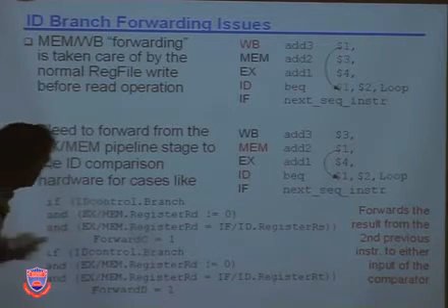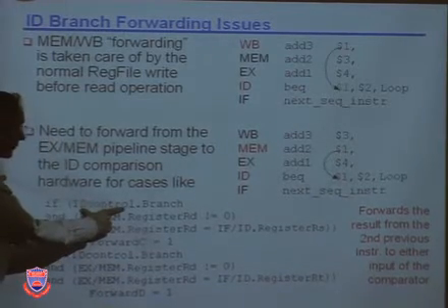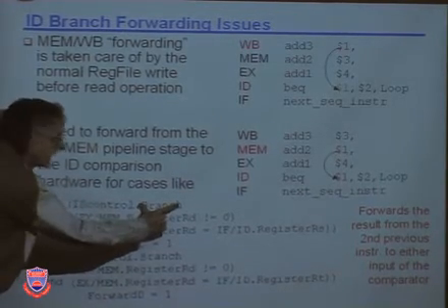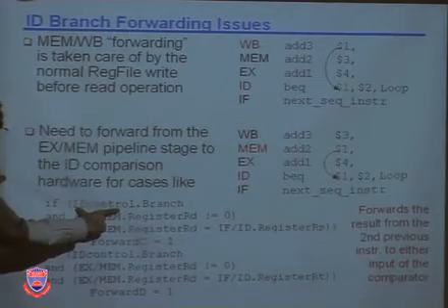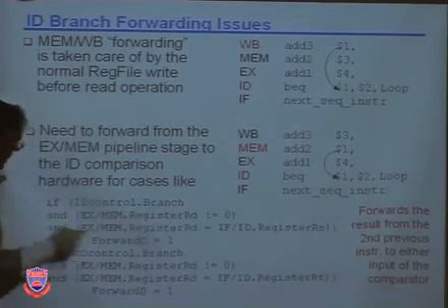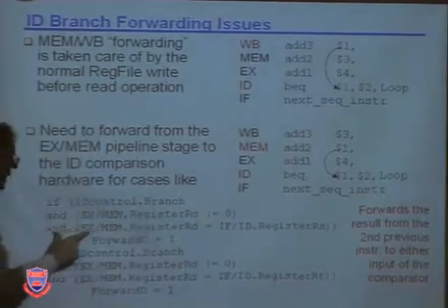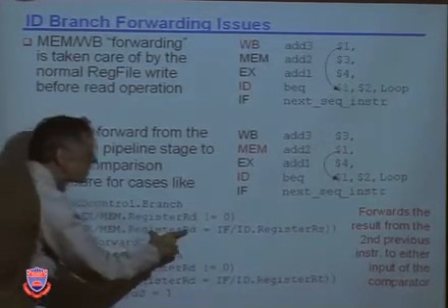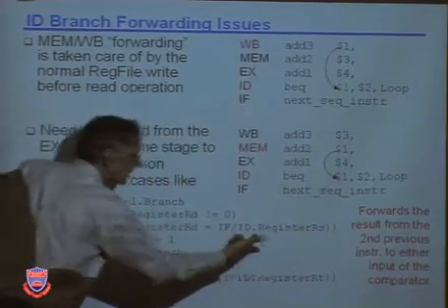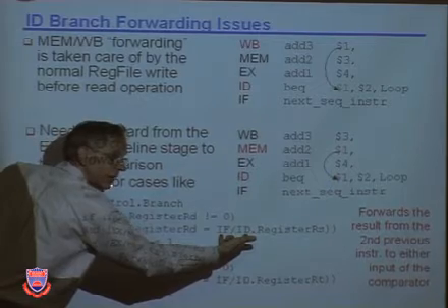All right, let's check the conditions. It says if it's a branch instruction, and the branch field in the ID control says we're branching, and if the destination register isn't register 0, and if the destination register happens to be the source register in IFID, okay, there we go.